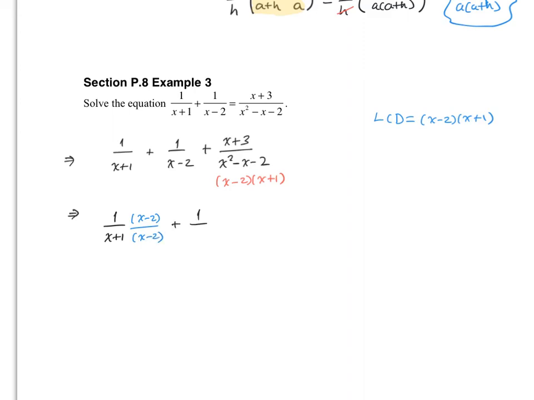The next one is missing x plus 1. And the last one is not missing anything. So the last one you have x plus 3 over x minus 2 times x plus 1.